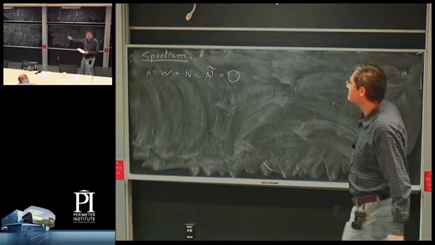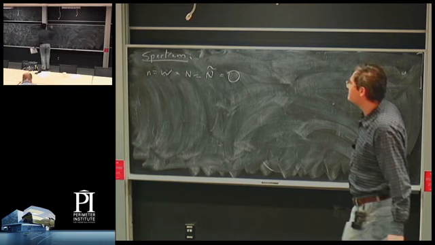So once we have a formula for the mass and we have a level matching condition, we can ask our next question, and our next question is the spectrum. Well, first, what is the lowest lying state?